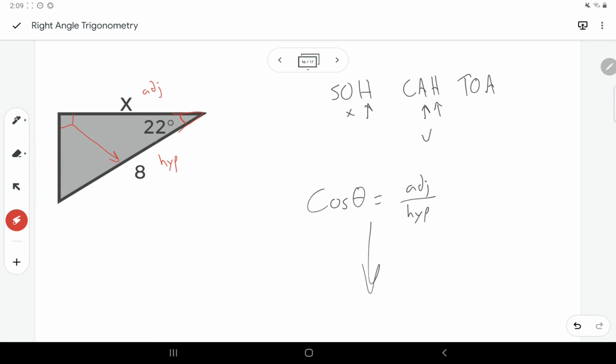I didn't say we know it's the opposite, but there's nothing over there, so there's really no reason to label it. There's no reason to confuse yourself with that. We would only need to label it if we weren't really sure which one we're supposed to use, and then we can check what has something, right? Unless a question asks you to specifically label that side, you don't necessarily need to.